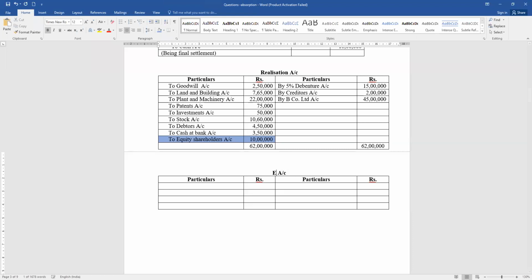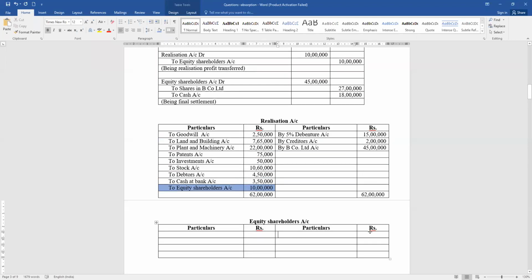Equity shareholders account. I hope the format is ready. Okay, equity shareholders account.